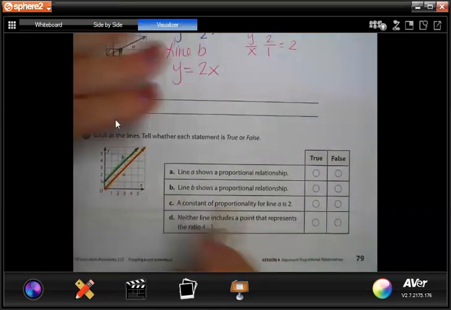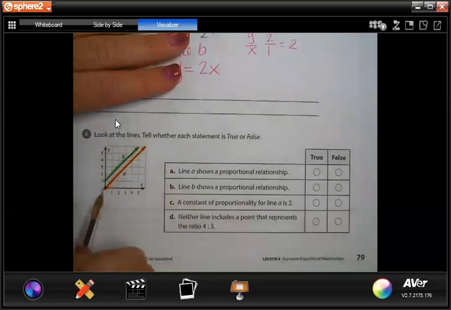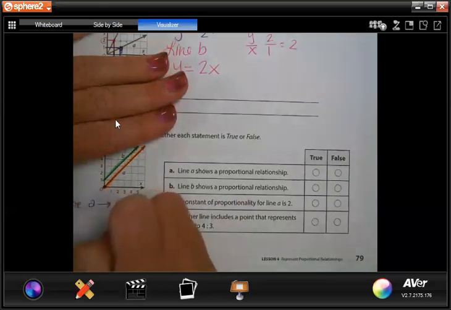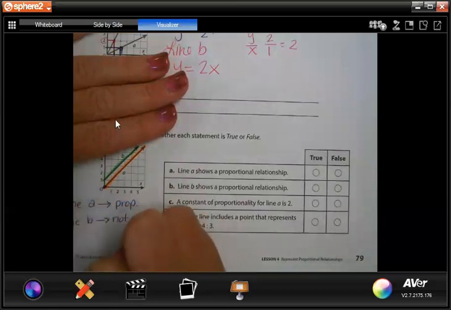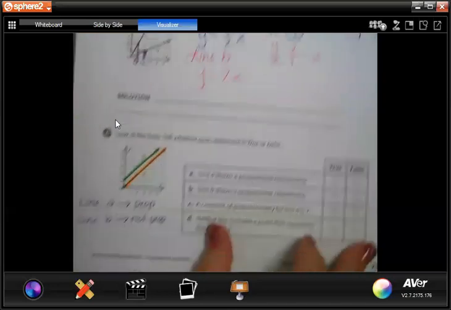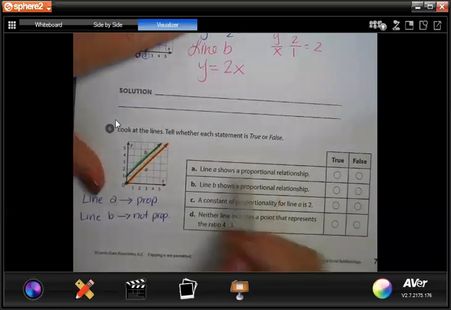However, line A is the only one that goes through 0, 0. So line A is going to be proportional. Line B is not proportional. We can figure that out. Now that we have that set in our brains, let's go through and answer these questions.